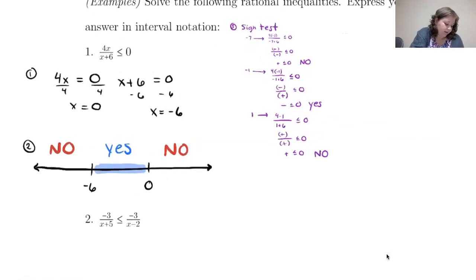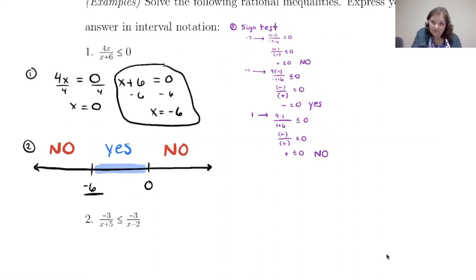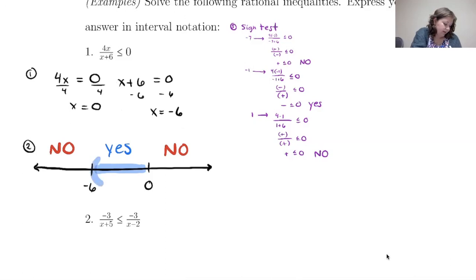So first we'll think about -6. -6 came from when we set x plus 6 equal to 0. And x plus 6 is the bottom of the fraction. So what we got there is that when we plug in -6, the bottom of the fraction is becoming 0. And we can't divide by 0, so that means that -6 cannot be included since it came from the bottom of the fraction. So that one's going to get a parentheses.